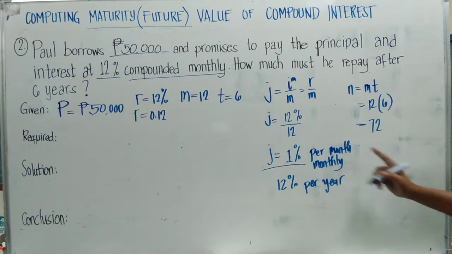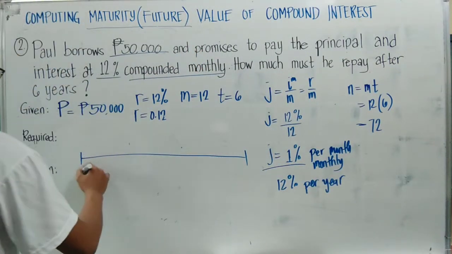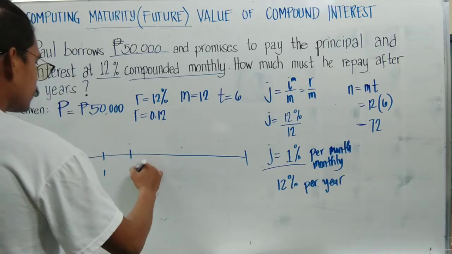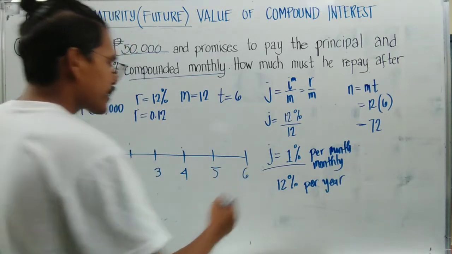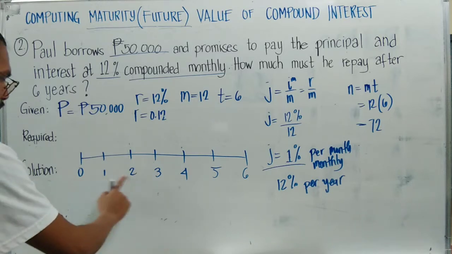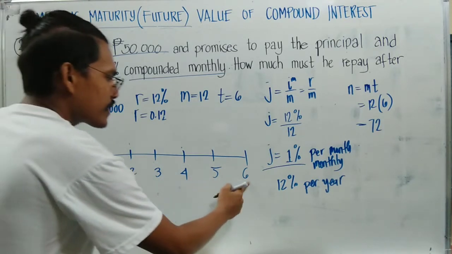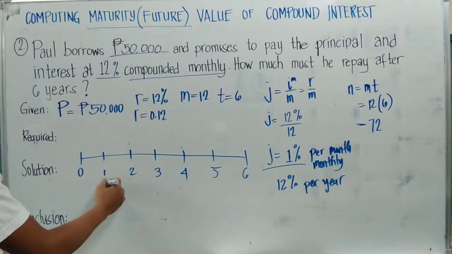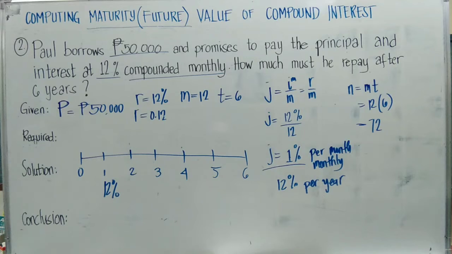Okay? So using a timeline, we have 0, 1, 2, 3, 4, 5, and 6. So these numbers are the years. So each year, we have 12%.